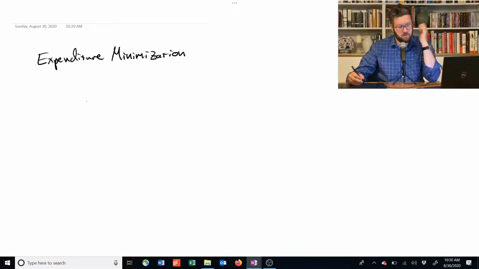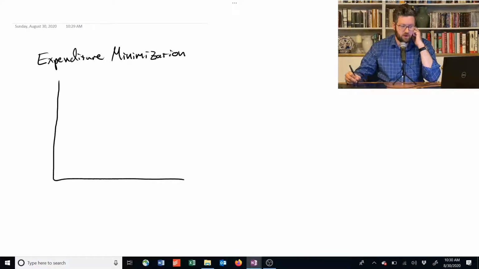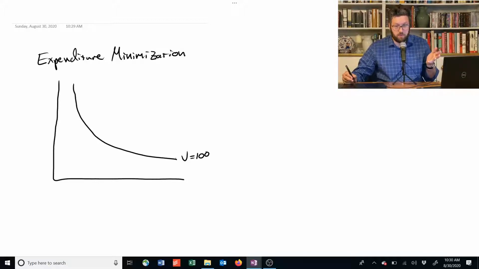But sometimes you'll run into a problem where you have a certain target of utility that you want to hit. So suppose you want to hit this level of utility, 100, and you know what the price is. You have the price of all different goods in the economy, and we need to figure out how much income you need, how much money do you need to achieve your goal, okay?